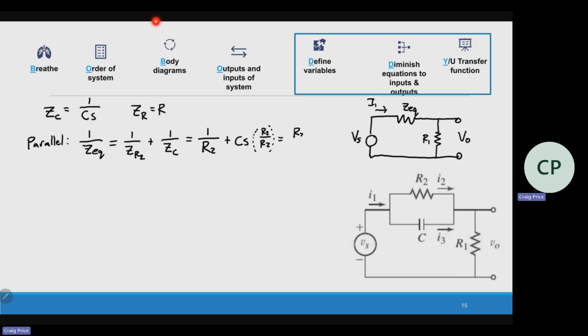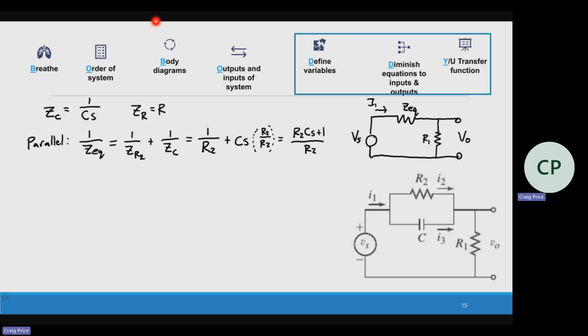And so we have R2 CS plus 1 over R2. So we now have our equivalent impedance.